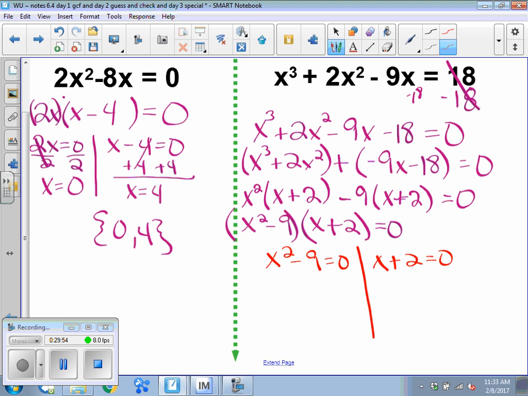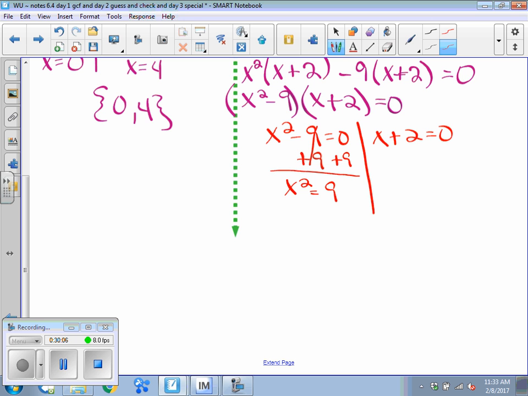So for the factor on the left, I'm going to add 9 to both sides, right? So I have x squared equals 9. Okay? Now I have to take the square root of both sides. So I have x equals plus or minus 3.